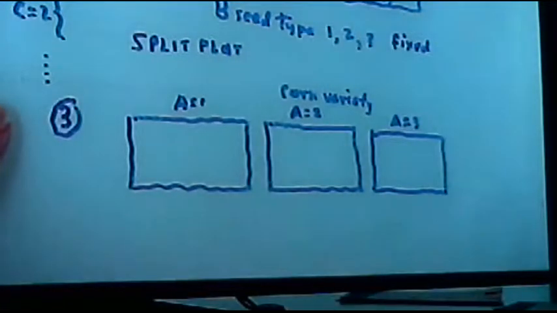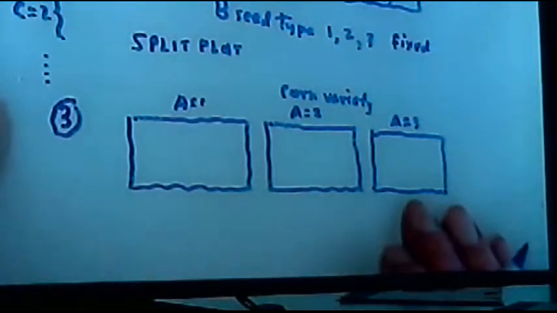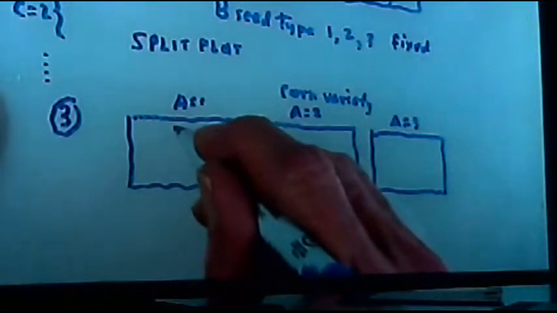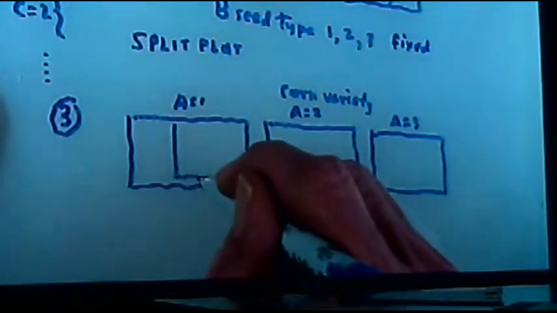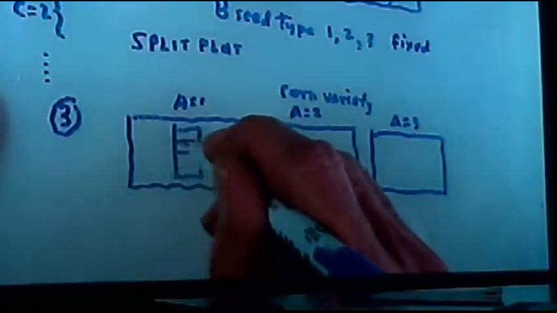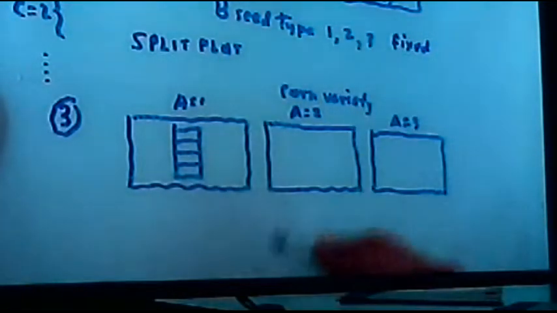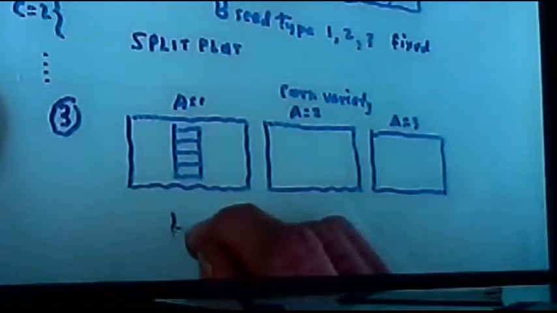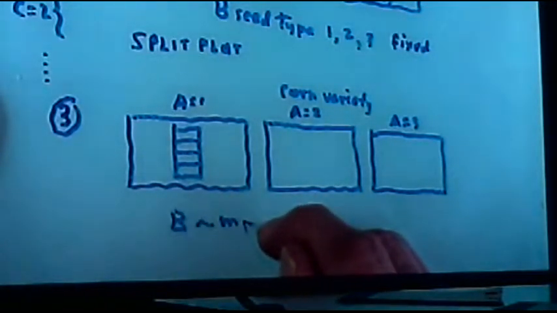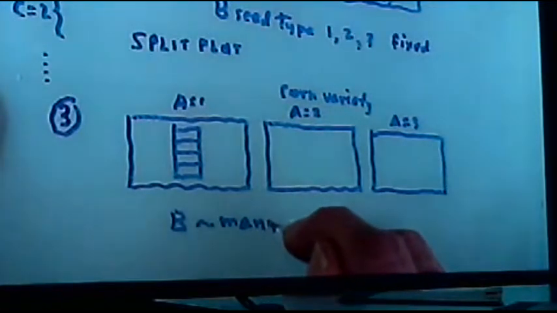We have 3 varieties of corn that we're studying in this experiment, and they're going to be planted separately in these main big plots. Now, inside the main big plots, we're going to have, let's just say 4, factor B is, let's say, manure.